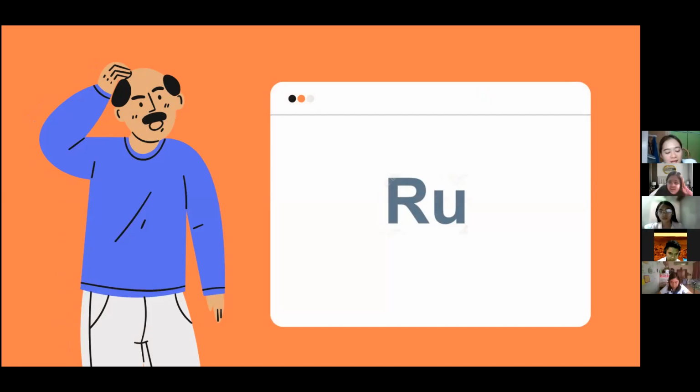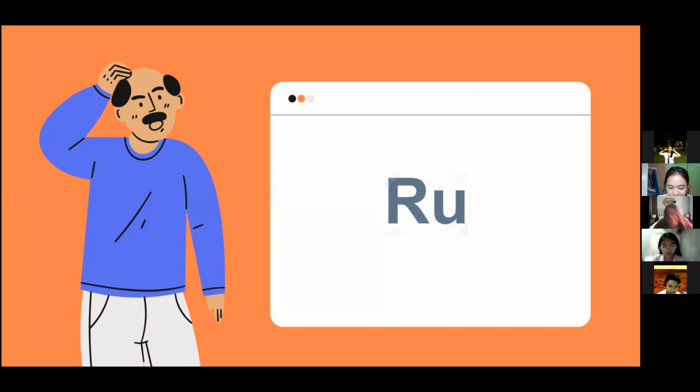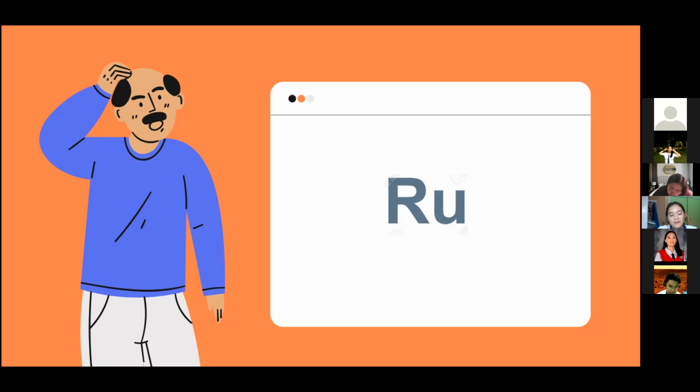So, ang first element is Ru. So, ano kaya yun si Ru? Si Ru is merong atomic number na 44. Oh, si Precious. Si Precious ang una kong nakita na nag-raise hand. So, ano ang atomic weight ni ruthenium?